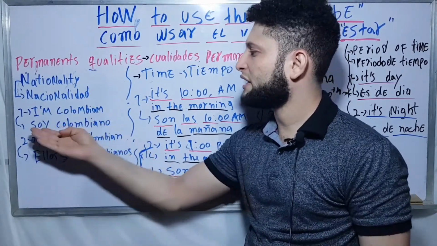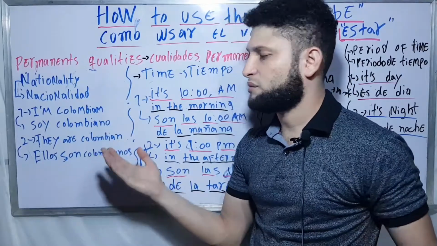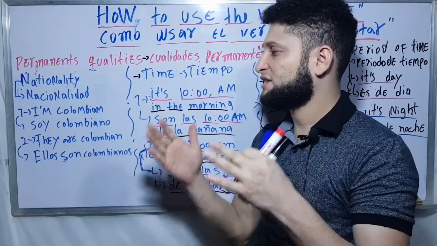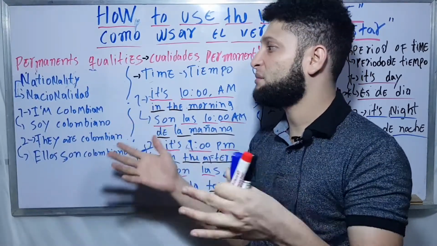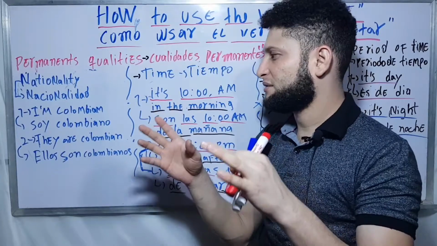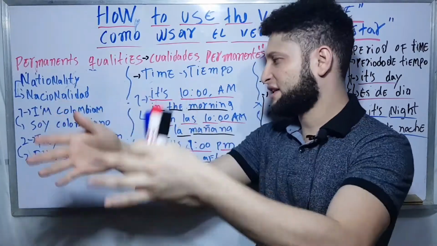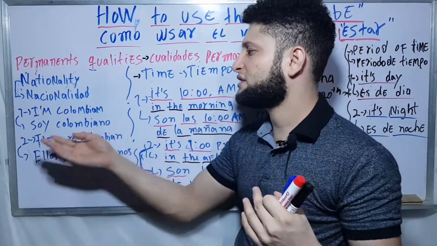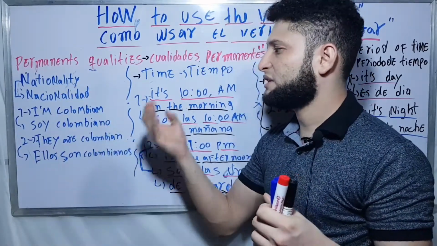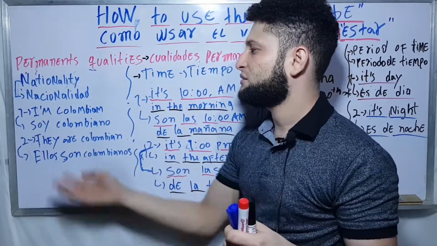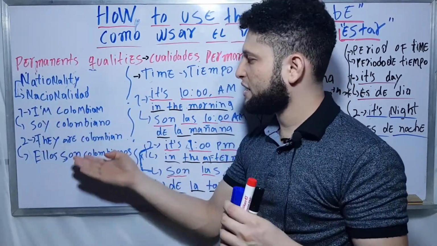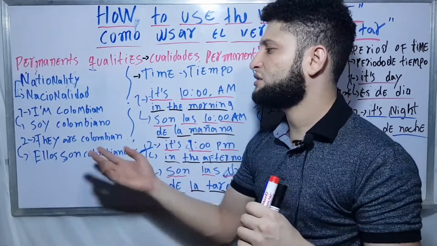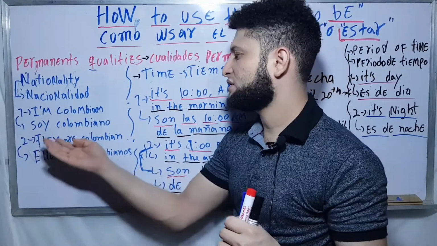I decided to write soy colombiano because you can understand that the person speaking is speaking about himself or herself, because the person is using the verb conjugation for the first person in singular, which is I, as I said. Soy colombiano. You will sound more natural. If you want to sound more natural, you need to use this kind of thing.